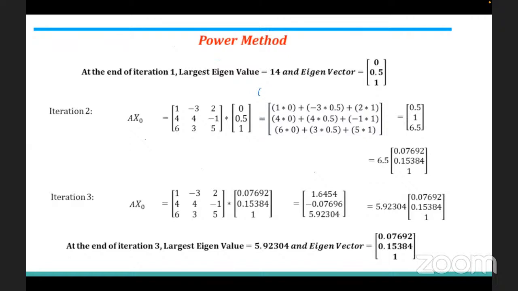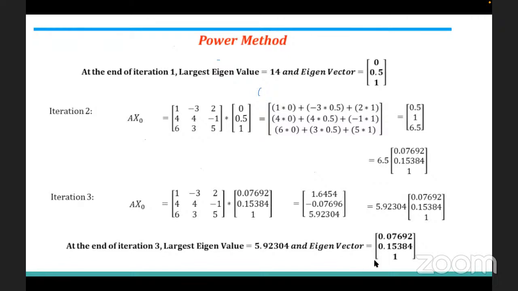Do you understand? Quick question, sorry to cut you. You said the largest eigenvalue is 5.92. When we say largest, numerically largest? It doesn't mean numerically largest, because remember we are following the formula. What we are trying to get is a vector that when you multiply by the matrix A and by your eigenvalue, there is hardly any difference.